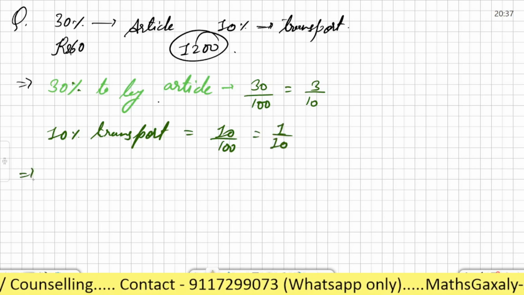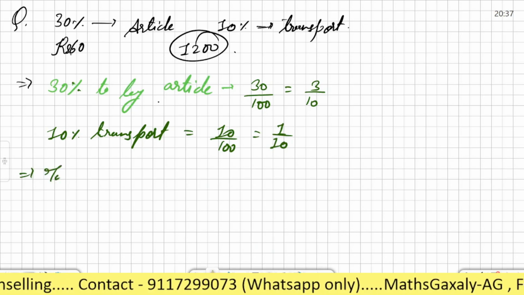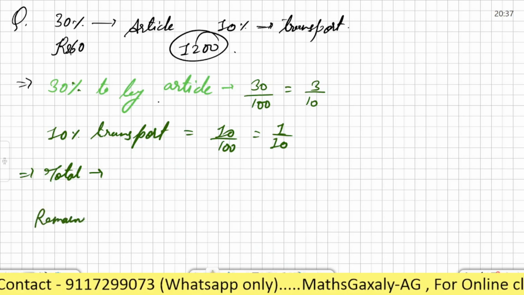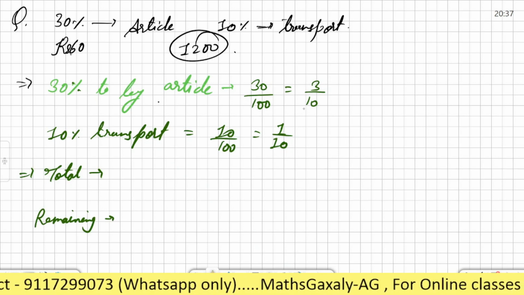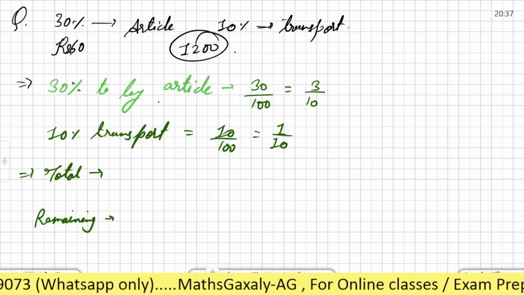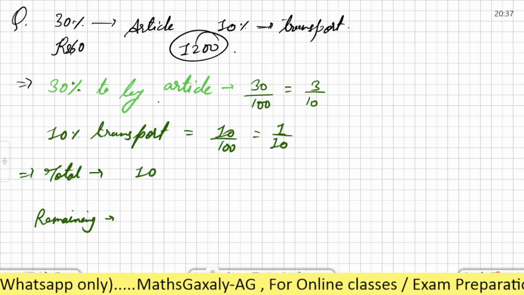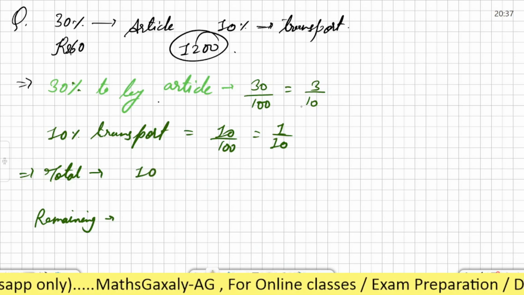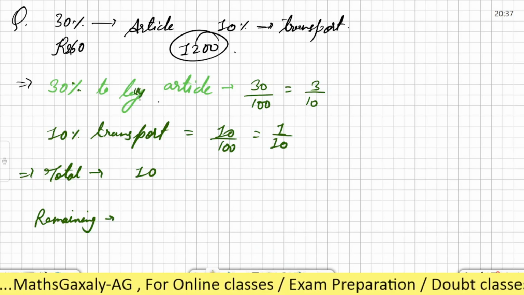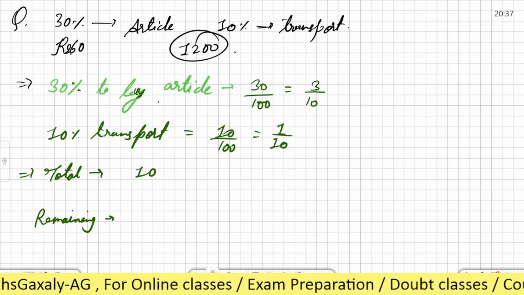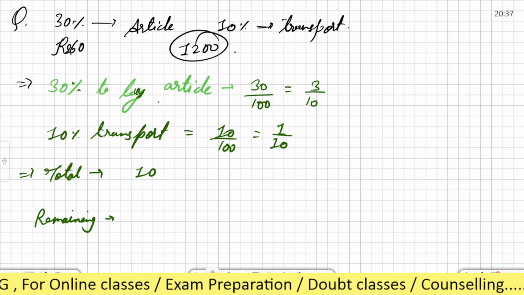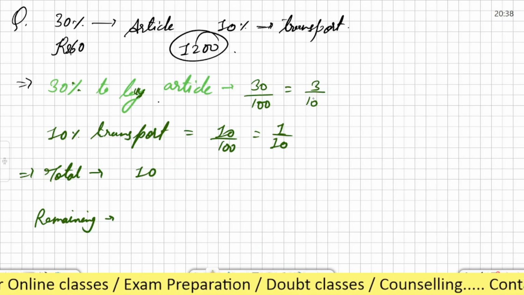Okay, now let's see here how we will do it. Here is the total and here is the remaining. Total was 10. He spent 30% to buy the article. It means he spent 3 among 10 to buy the article.